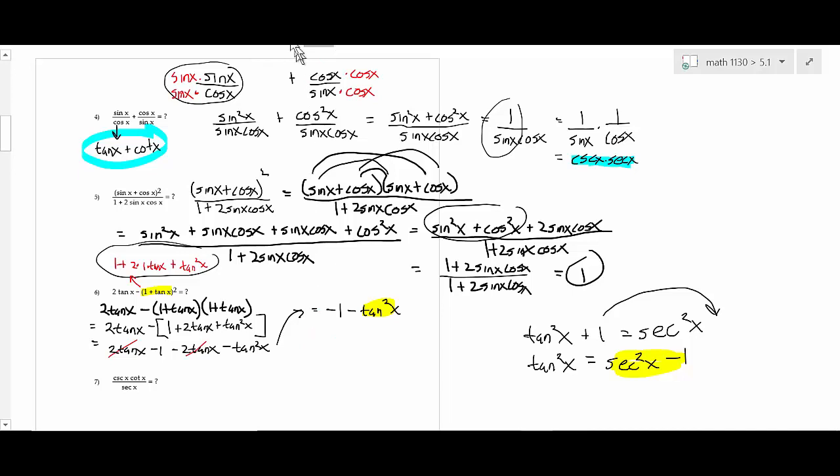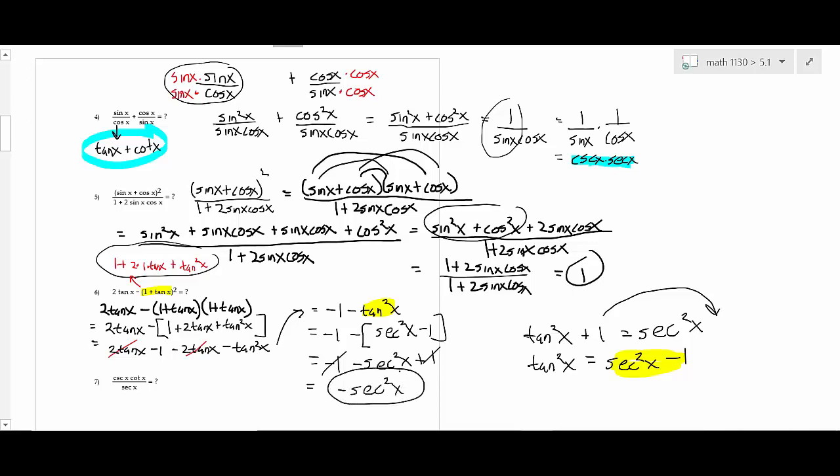Probably doesn't matter that much on this. So if I do that, I would have negative 1 minus, now replace that tangent squared with secant squared x minus 1 like that, because I'm thinking something was going to cancel out. So what I'm going to have is negative 1 minus secant squared x plus 1. 1's cancel out. So in my mind, that's less symbols.